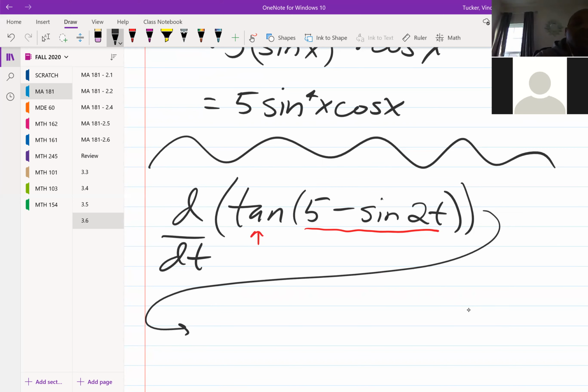Let's do the outside first. I always say inside, but I mean to do the outside first. We have tan, so we turn that into secant squared. The derivative of tangent is secant squared, so you get secant squared of 5 minus sine 2t.